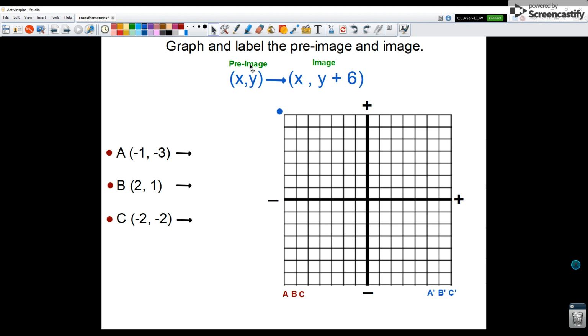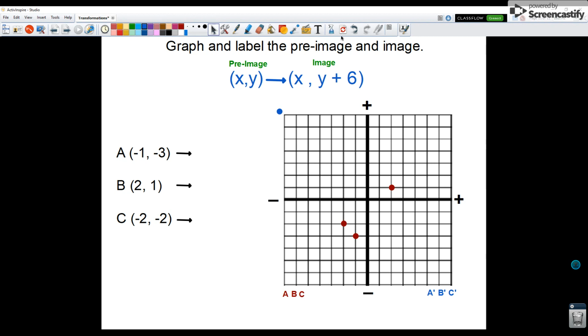Here it wants me to take my pre-image and actually graph it. Point A is located at (-1, -3). We're going to place B at (2, 1). And we're going to plot C at (-2, -2).